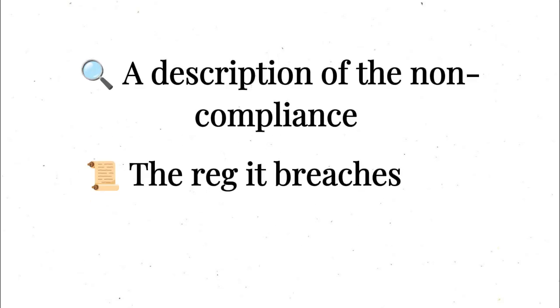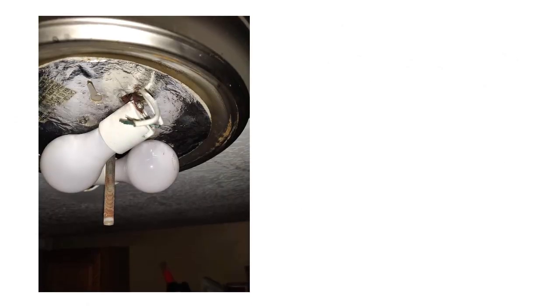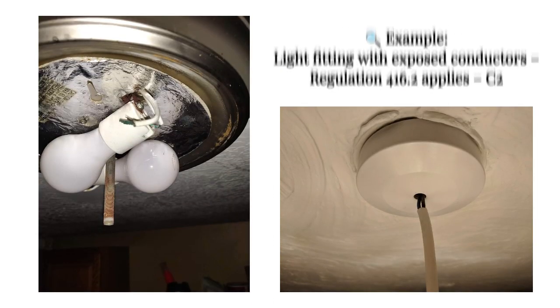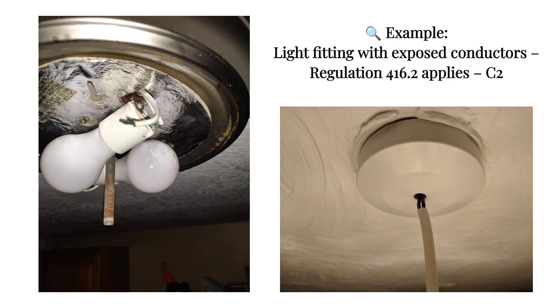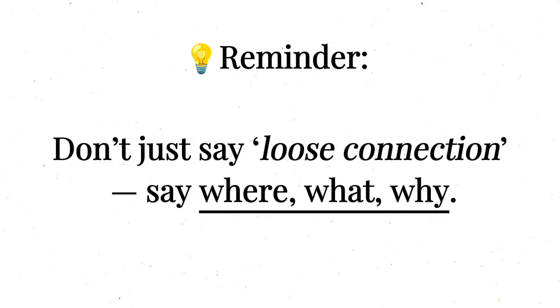Each issue gets a description of the non-compliance, the regulation it breaches, if you know it, and a code: C1, C2, C3, or FI. Don't just say loose connection, say where, what and why.